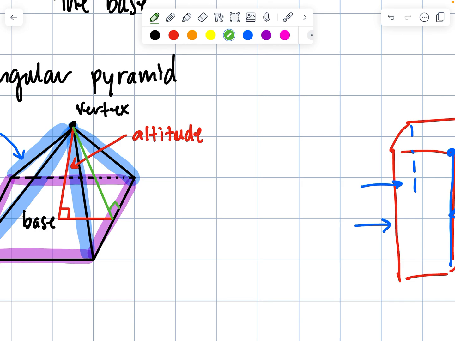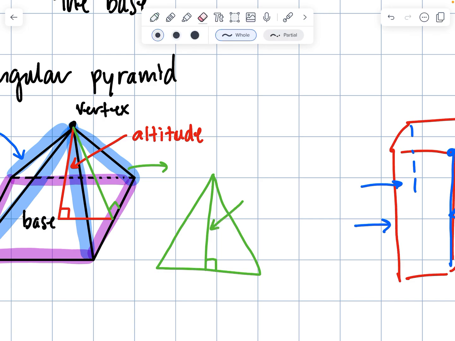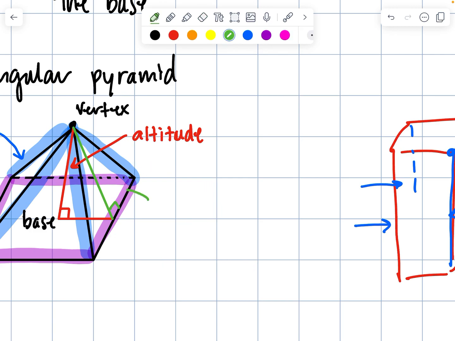So if you think of the face of this triangle, this is the face of the pyramid. It goes straight down on the side. We have our slant height. Okay, so let's erase this so it gets out of the way. It is perpendicular to the base edge and connects the base edge to the vertex.